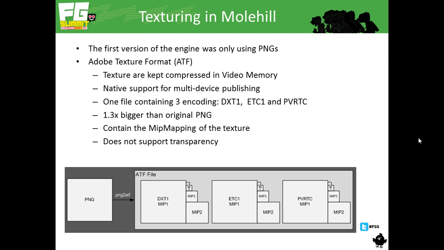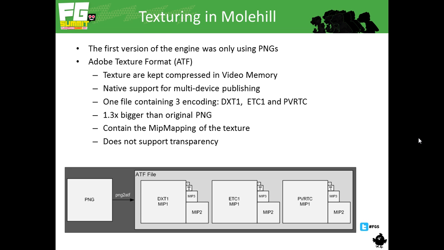So Adobe has created a file format for that, which is called the Adobe Texture Format, so ATF. And one of the main goals is to use compression that is supported on the GPU to keep the texturing compressed on the GPU.